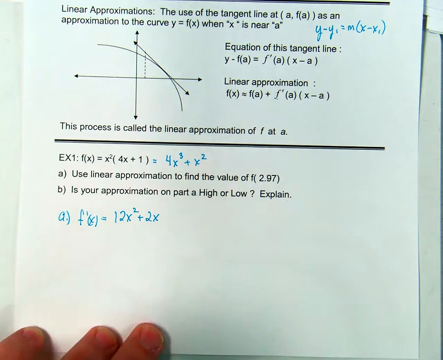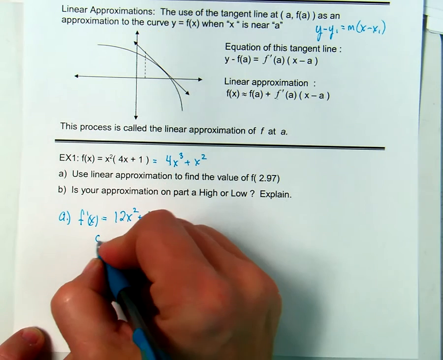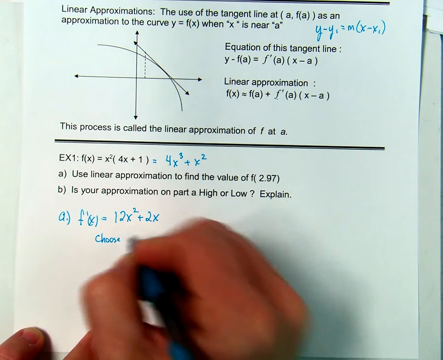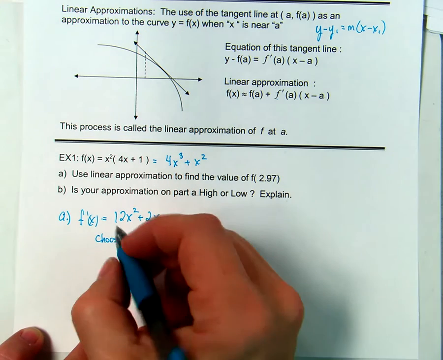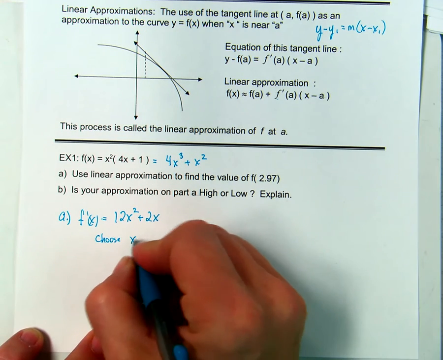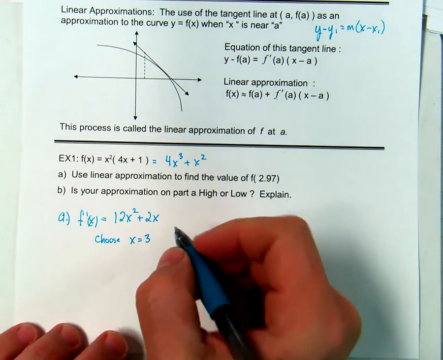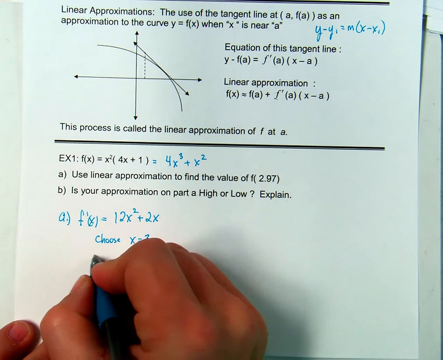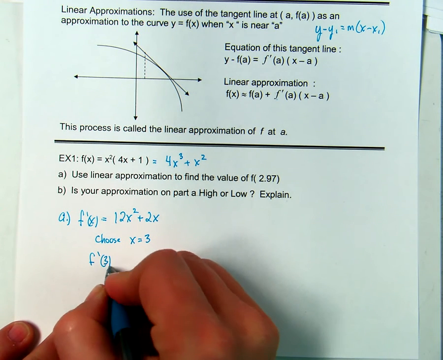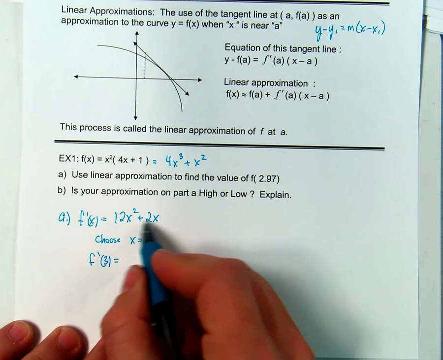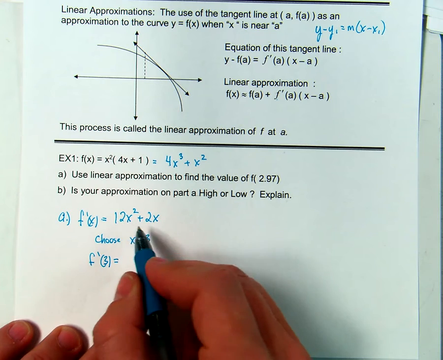Plus 2x. All right, so now we're going to choose a whole number to work with, which is a little easier. We're going to choose x equals 3, and then we're going to plug that in. So if I plugged in f prime of 3, this is our tangent line, the slope that we're looking for, the derivative here.